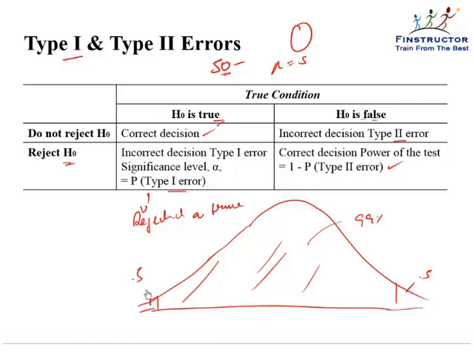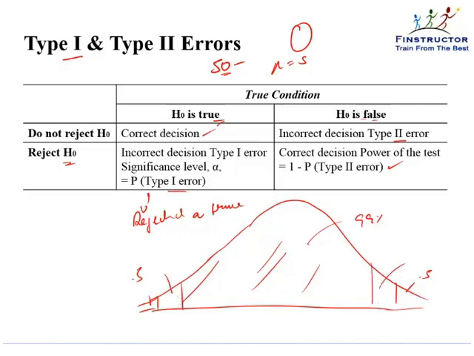So the probability of rejecting a true null hypothesis is only 1%, because we are rejecting only 1% of the times. With a 5% level of significance, we are rejecting 5% of the times. 2.5% on the right and 2.5% on the left.